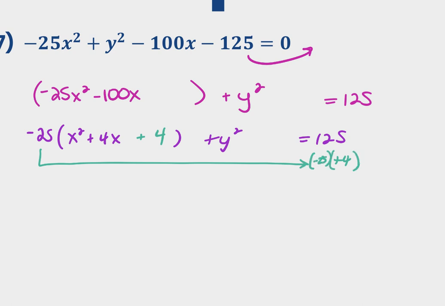Whatever I took out gets multiplied first, which changes this to subtract 100. So I get negative 25, square root the first term, that's x, square root the third term, that's 2. Take the sign from the middle, put it in parentheses and square it. Plus y squared equals 25.